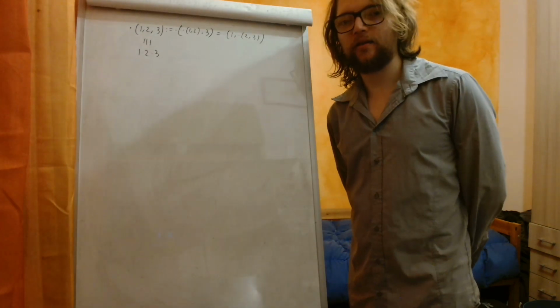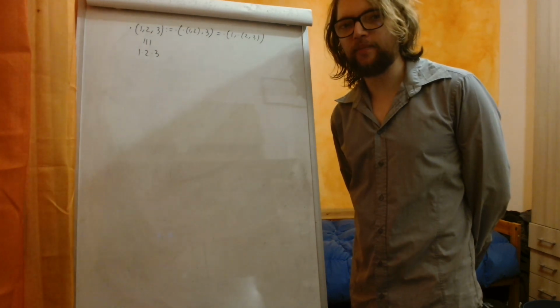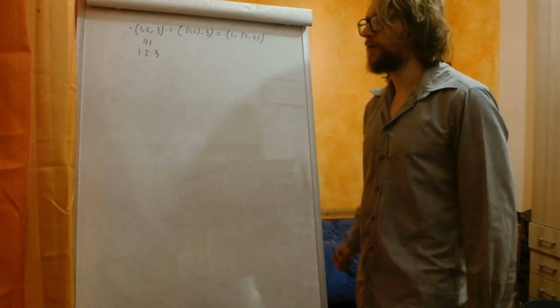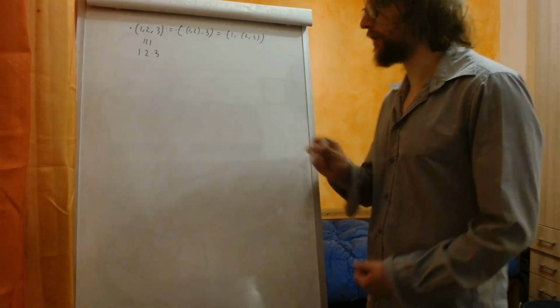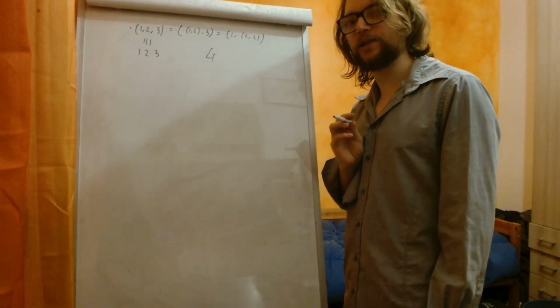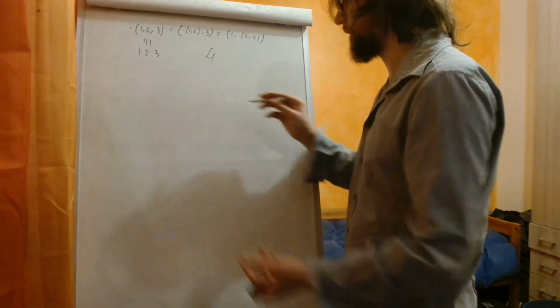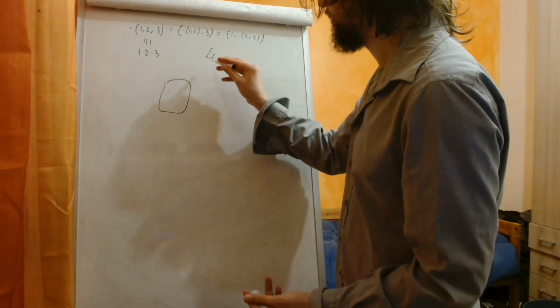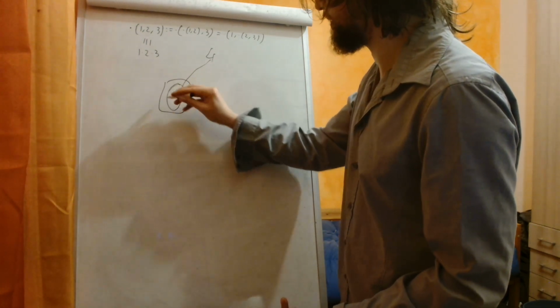It's easy to see that not all associative magmas can represent permutations. For example, you can have a magma with an element 4 which is not generated by other operations. And this means that in the table of operations, 4 does not appear inside.